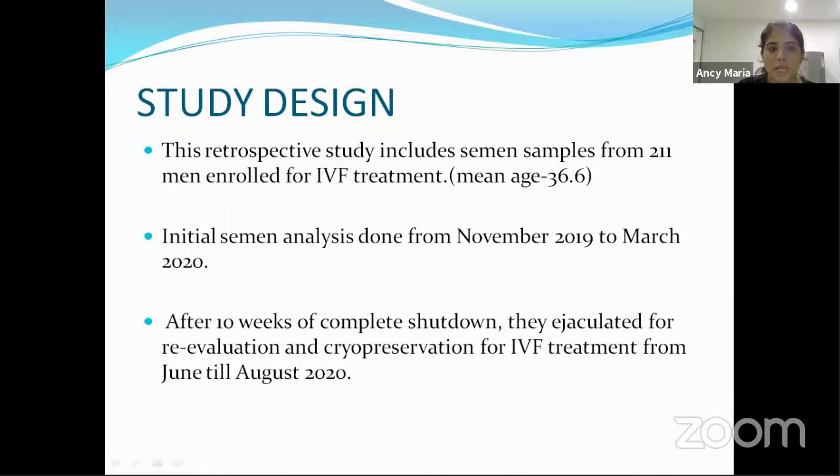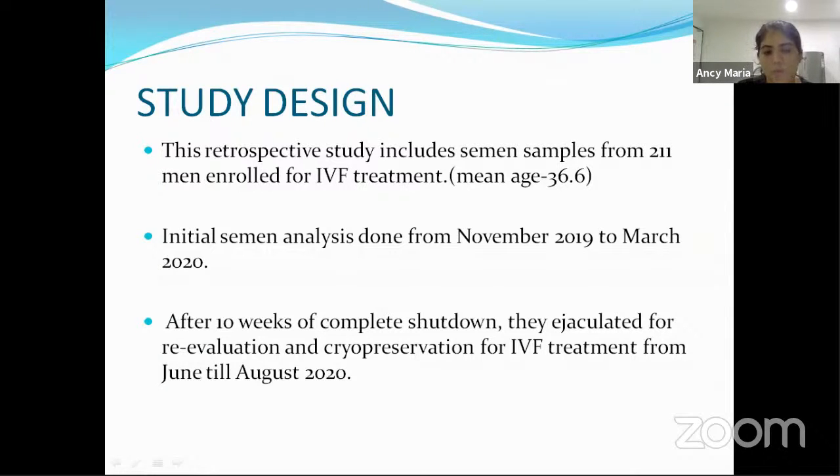Coming to the design, this retrospective study includes semen samples of 211 men enrolled for IVF treatment in our center. The mean age was 36.6, and the initial semen analysis was done from November 2019 to March 2020. There was a lockdown after that.